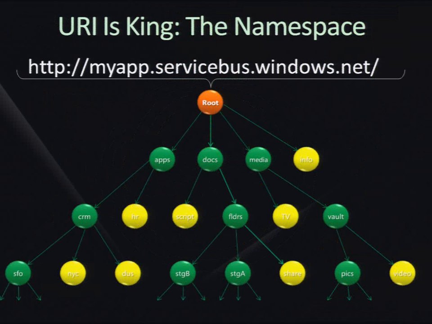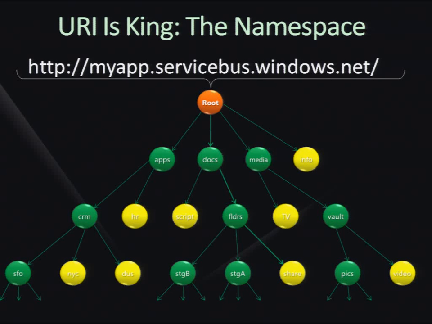So, the namespace. How do you map things into the system? How does that all work? We have a system called the service registry. That's the first big feature of the service bus. Whenever you register at azure.com, this translates into microsoft.com/azure/netservices.mspx, which is long, so that's why I'm saying azure.com.